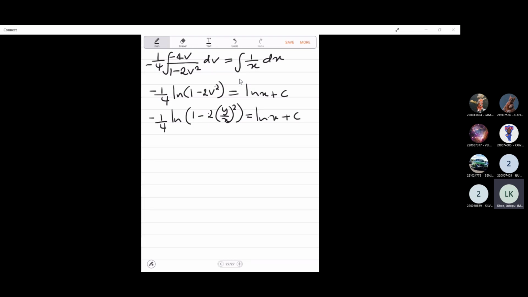Okay. So again, you have ln and ln. You can combine them into a single term and even rewrite this without the ln. I see that's the way they wrote it in the book.